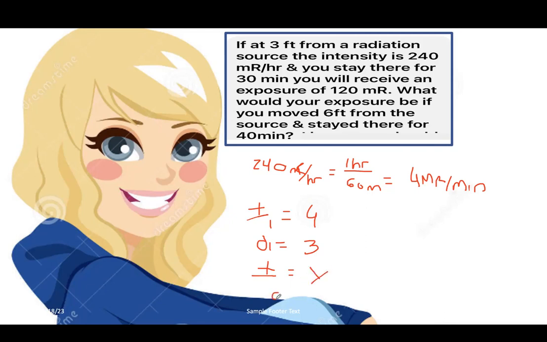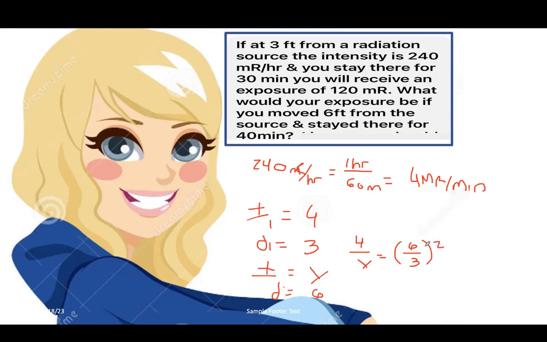And the distance we know is now 6 feet. So intensity 1 is 4, intensity 2 is X. Distance 2 is 6. Distance 1 is 3. And then we're going to square that.